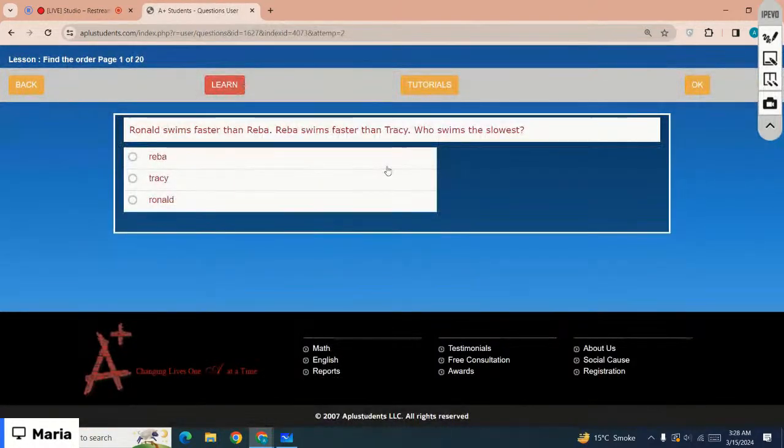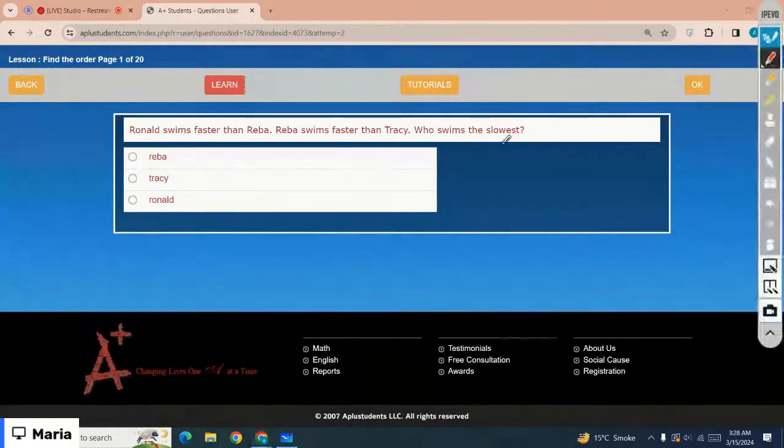Ronald swims faster than Reba. Okay, here is Ronald who is faster, and here is Reba who is slower, right? Reba swims faster than Tracy, right? Now, Reba is faster than Tracy.